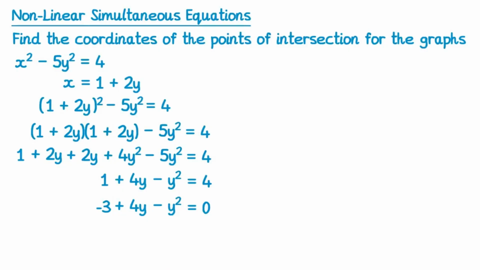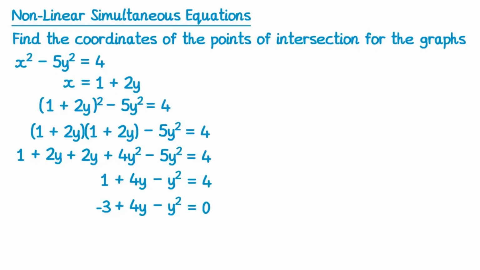Now this quadratic will factorize, but the negative y squared doesn't make things easy for us. But there is an approach we can use. We could either add all of those terms to both sides so that the left-hand side was 0 and the right-hand side had all of the terms, or we could multiply both sides by negative 1. If you multiplied the left-hand side by negative 1, you get all of the same terms, but the signs will change.